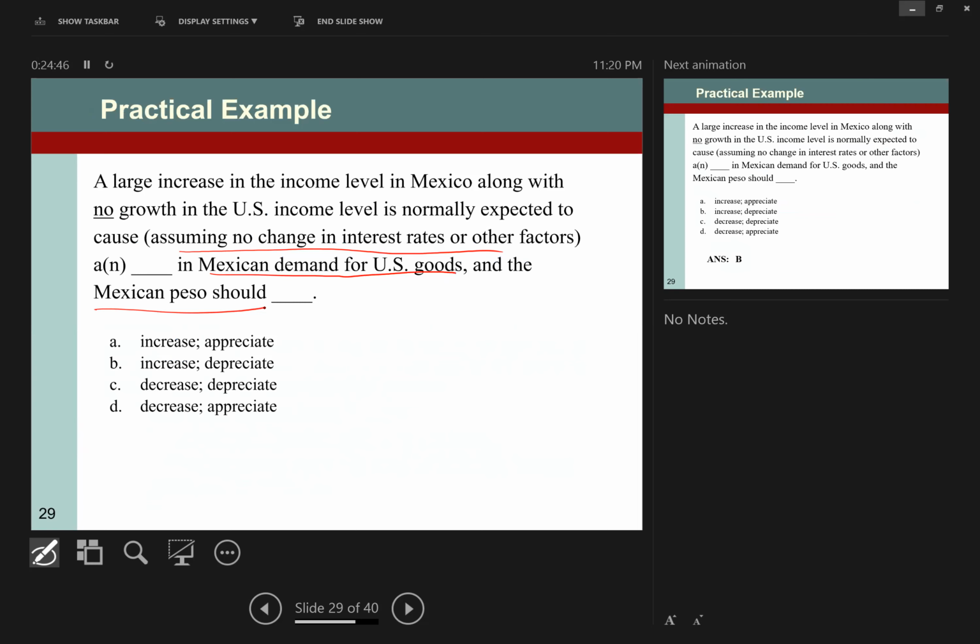I think it should remain the same, no? Think about that. We just covered the income level. Okay, let me just make a graphical representation of this question. So we have US and we have Mexico.